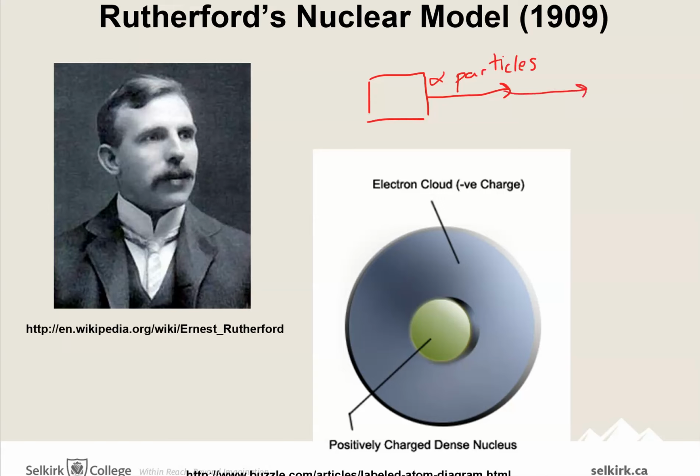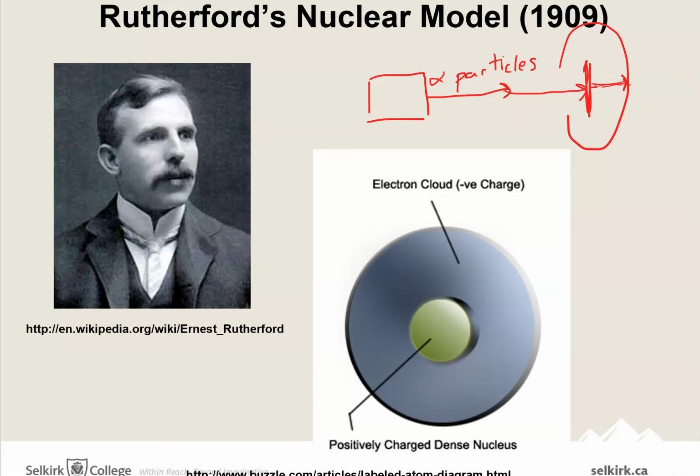He directed that beam at a piece of gold foil. There's the gold foil. He put a photographic shield around it, and whenever the alpha particles went through and hit the photographic plate, it made a bright spot when he developed the photograph.